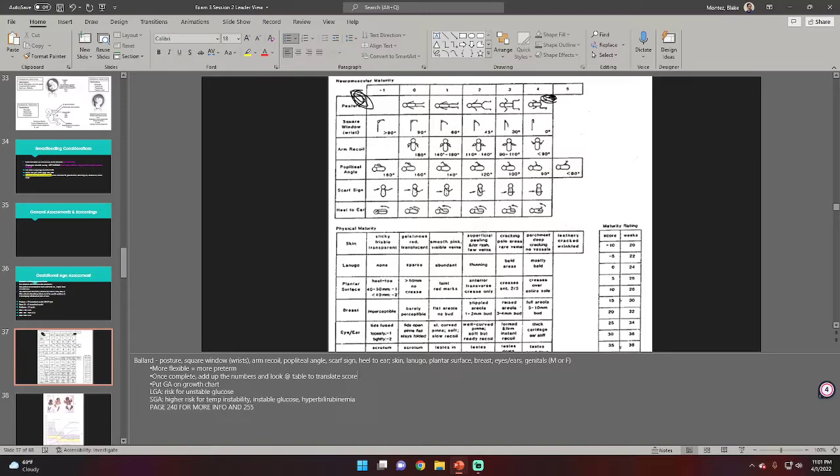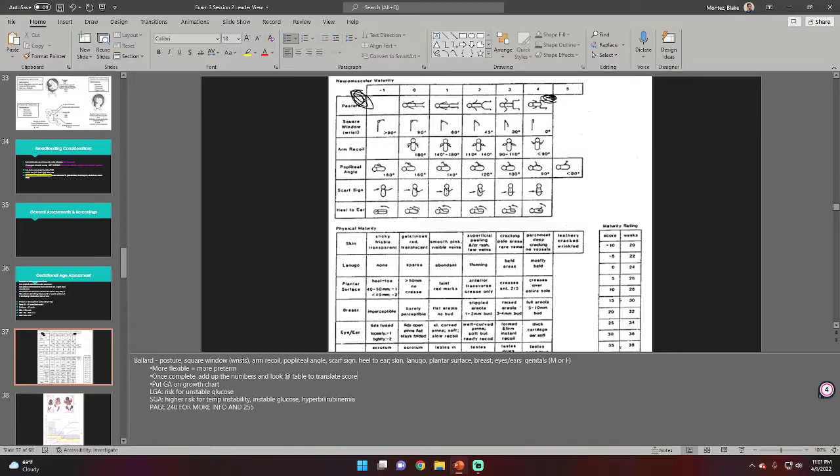A score of 1 to 5 is assigned to each characteristic, and a total score correlates to a gestational age. As an example, a term newborn given a score of 3 for every characteristic on this list would get an average 18 for a neuromuscular assessment and an 18 for a physical assessment. The total of that would be 36 points.